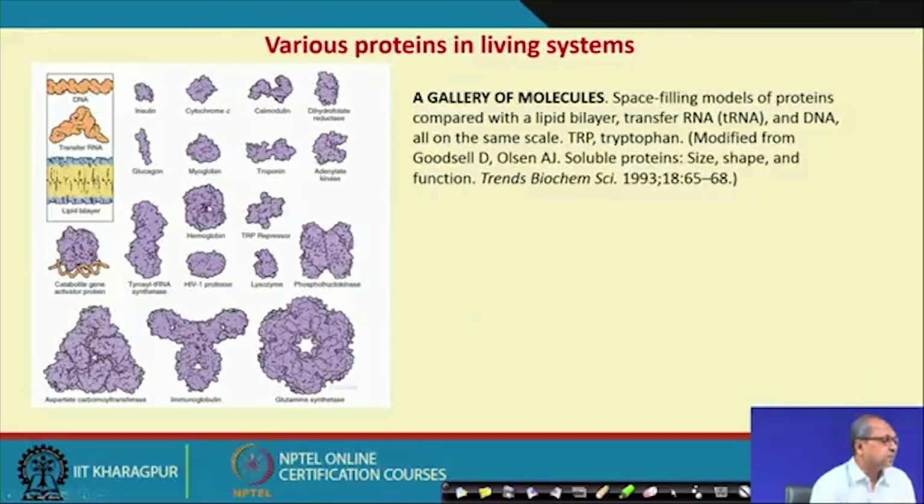Hemoglobin is the oxygen carrier protein. Aspartate carbamoyltransferase and glutamine synthetase are enzymes, and this is immunoglobulin, which does antigen binding and protects our body from external threats like bacterial or microbial threats.